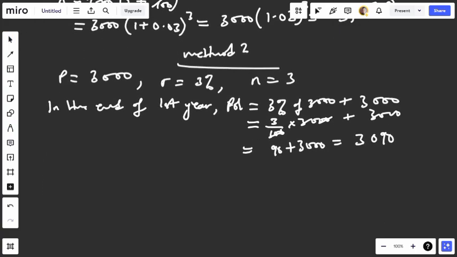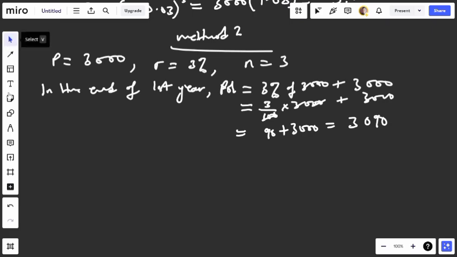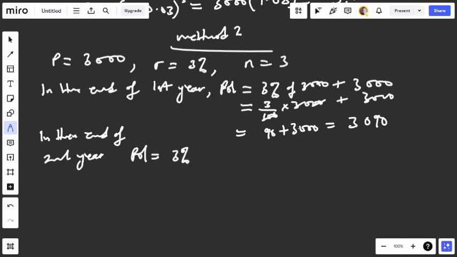So we do the same for the second year. By the end of the second year, the population will be 3% of the previous year's population, which is 3% of 3,090, plus the population of that year, 3,090.